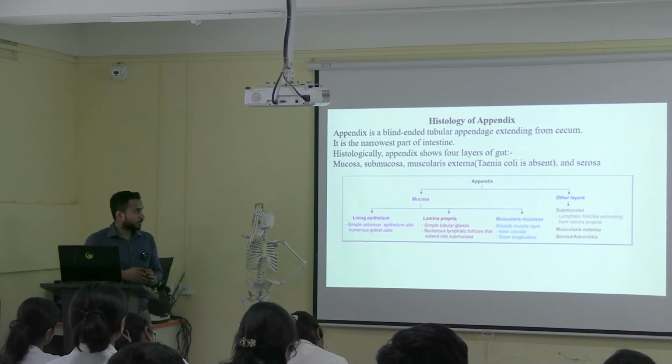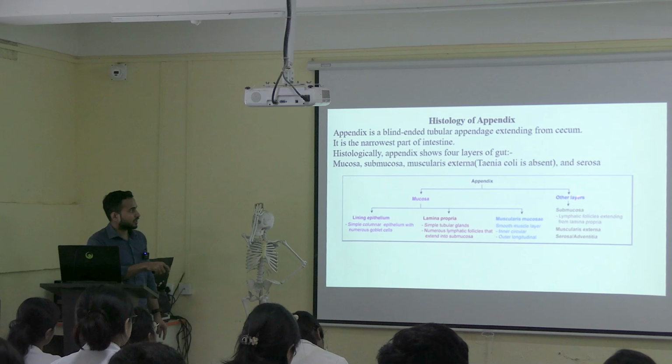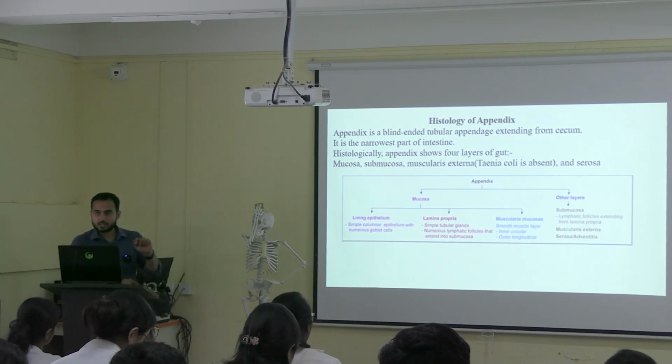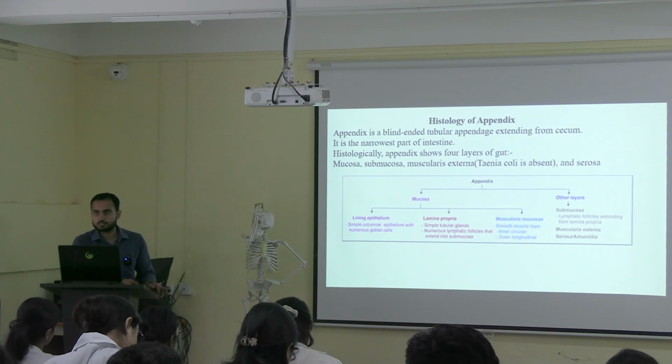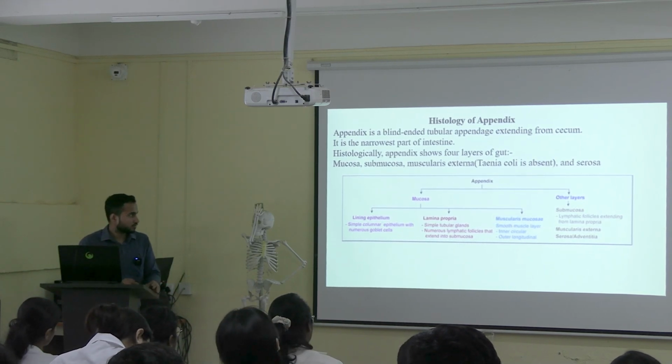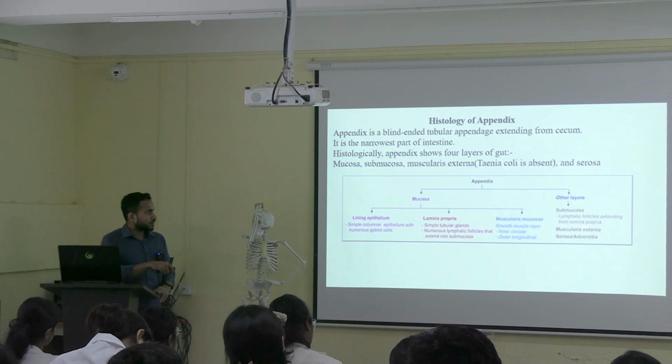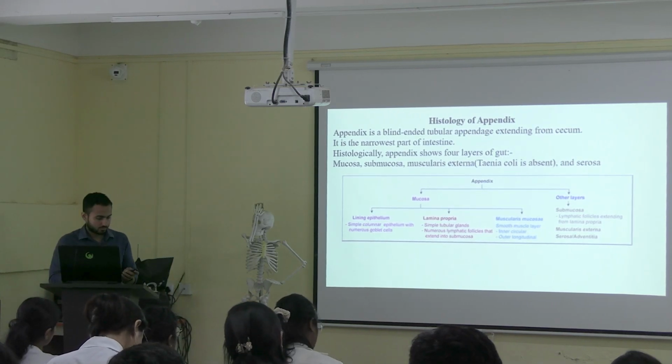Another important point: in muscularis externa, the longitudinal layer which forms the tinea coli, that tinea coli is absent in appendix. In submucosa, lymphatic follicles are also extending into the lamina propria.